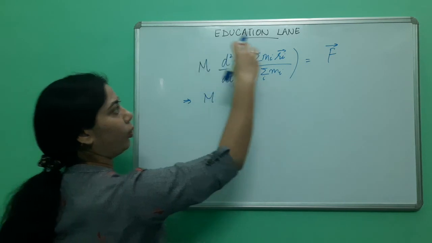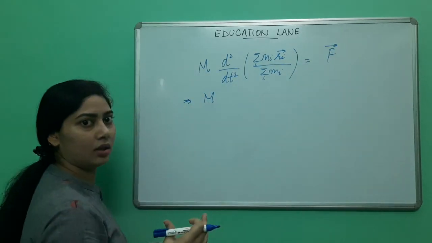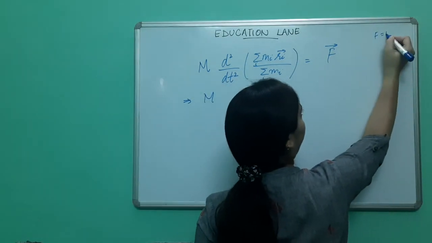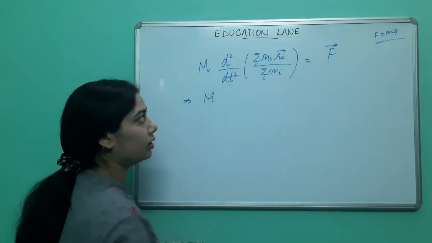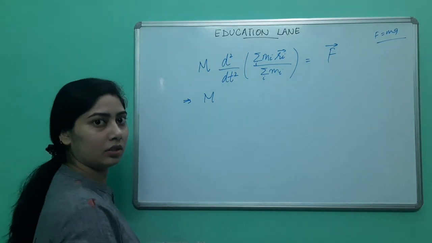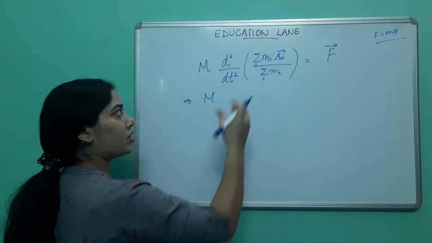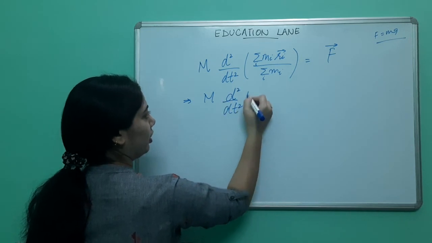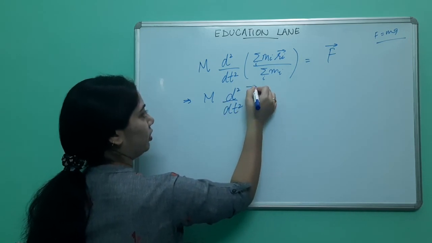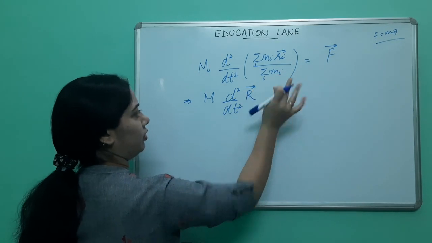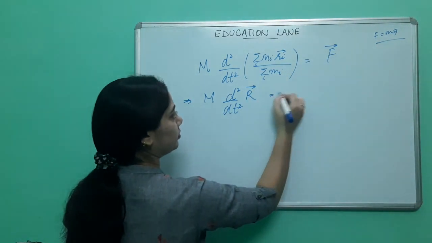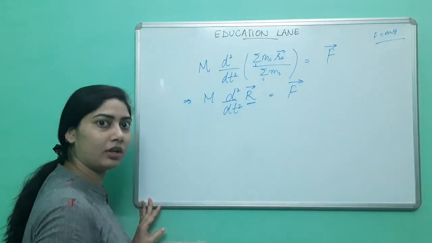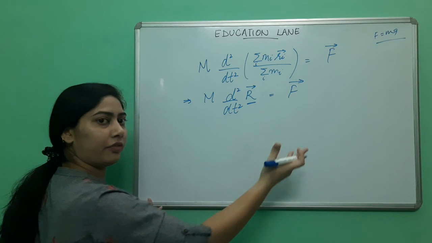Now this equation looks like that of F equal to ma. This is F, this is m, this is acceleration, the double derivative of some position vector. Let us denote this term by r. So what is this? This is a position vector. And what is this position vector for?